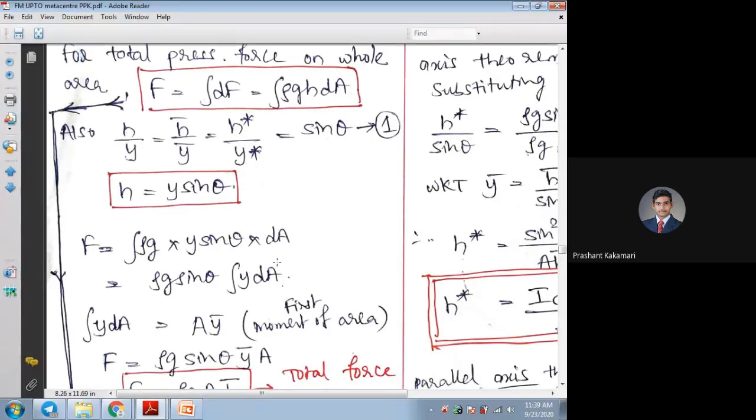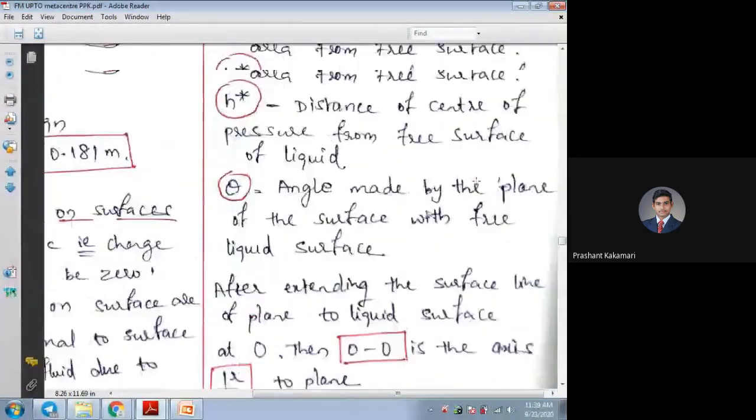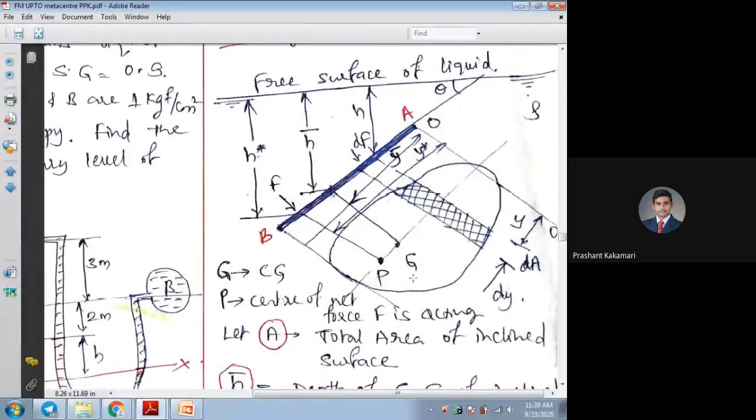Now once you integrate for the total area, I can write it as A into y bar. See here, A into y bar. So the total area of the plate is A, and the point at which y is integrated from small y, or dy, to total y, I can consider as y bar, because that pressure force is acting at the center of gravity.